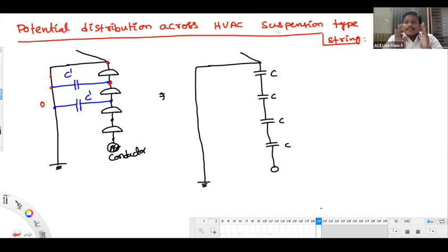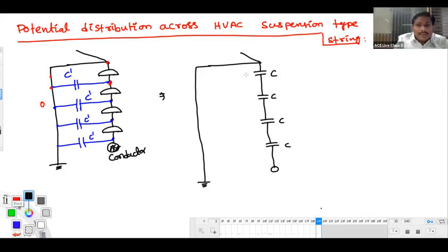See, if the string is exactly parallel with the tower, obviously, from each metal point to the tower, the capacitance formation will be equal. So here also you get a capacitance of C dash, and here also you will get a capacitance of C dash, obviously. I will show these capacitances in our electrical equivalent diagram.